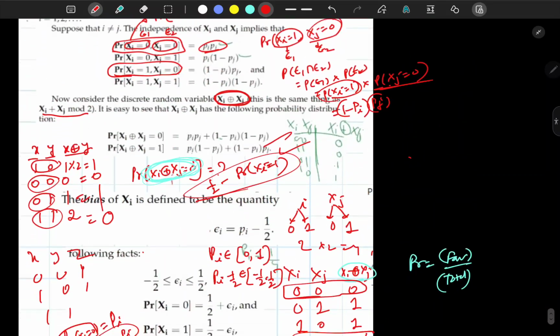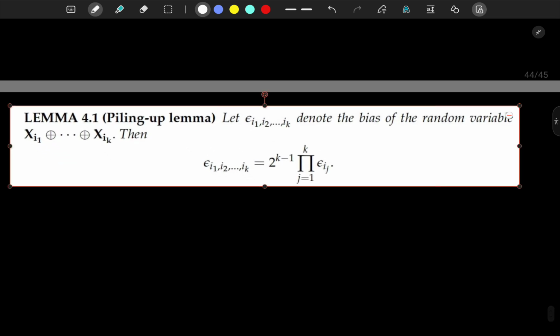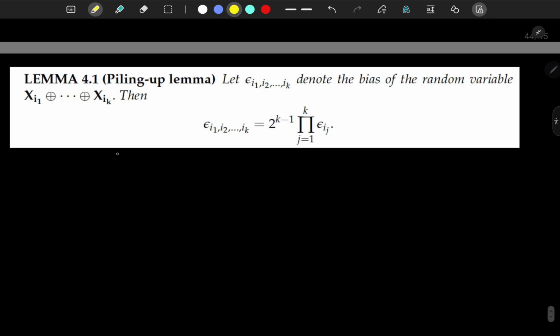Very simple things. Next we will see one theorem, the piling-up lemma. See, epsilon i1: what you have to strike in your mind is that you call this the bias of the random variable xi1.